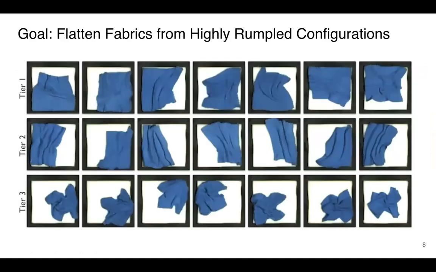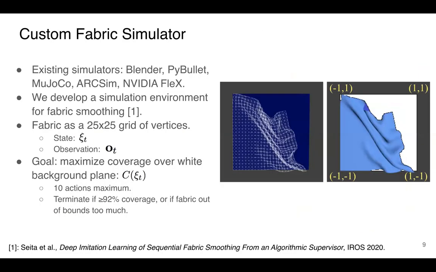So here's the problem statement. We'll have the goal of flattening fabrics from a highly rumpled, wrinkled configuration. Our goal is to take a data-driven approach. For that, we want a simulator so that we can get a lot of data fast in simulation. For this work, we developed our own fabric simulator for several reasons.